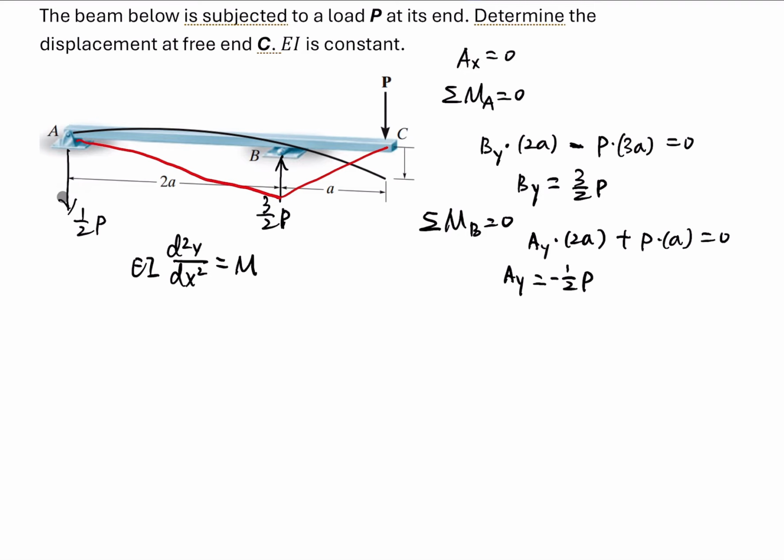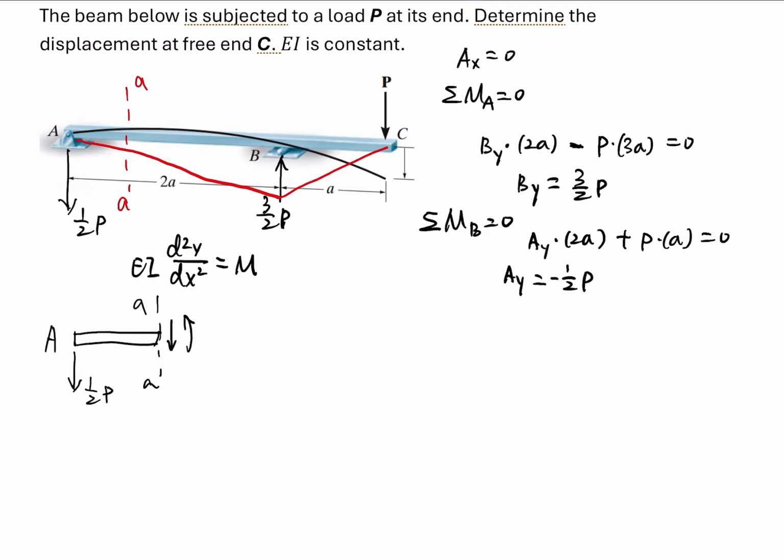First of all, we need to find the bending moment for AB. For segment AB, we arbitrarily cut a section here. Say this is cut A to A. We need to draw the free body diagram here. This is section A to A, this is support A, and we have the force 1 over 2 P at point A. On this cutting section, we have a shear force and a bending moment.